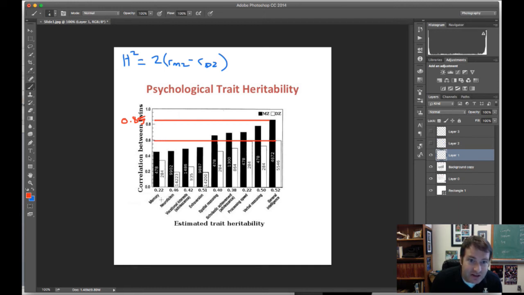Somewhere just underneath 0.6. Let's say I'm going to estimate this at 0.59. It's just a rough estimate. If we had the precise data, it would be easier. Okay, so our heritability estimate is equal to 2 times 0.85 minus 0.59.